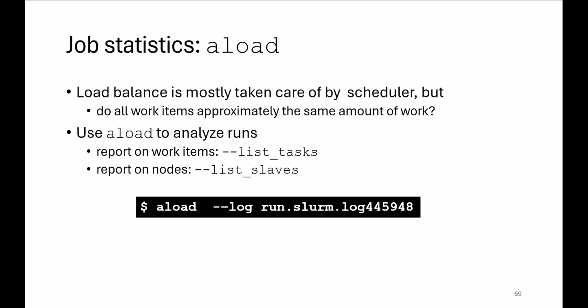For instance, you can report on the work items or individual tasks using the --list_tasks option. Or if you're interested mostly in load balance, you can report on the nodes by using the --list_slaves option. And then you just call aload with the log file of the job you want to analyze.